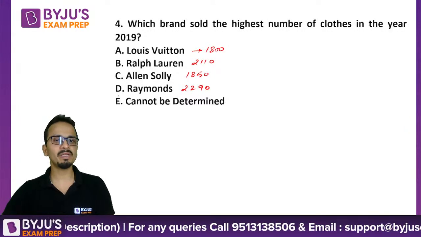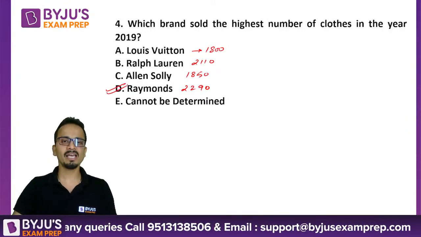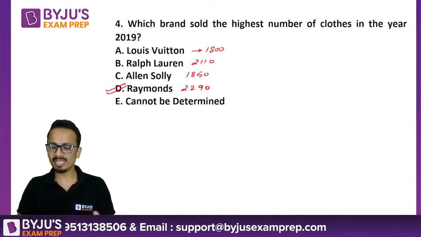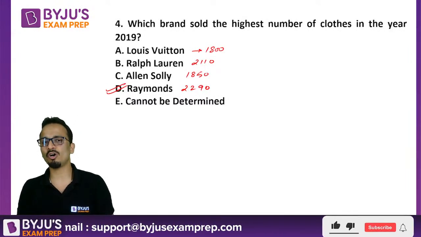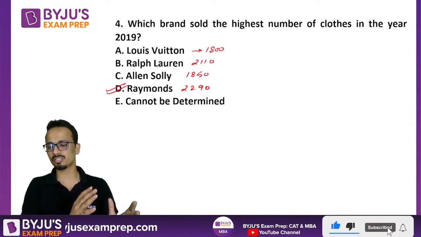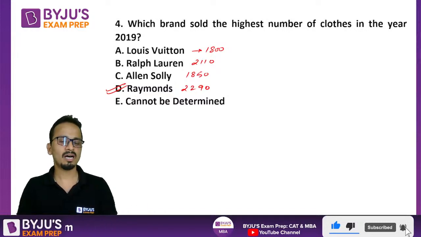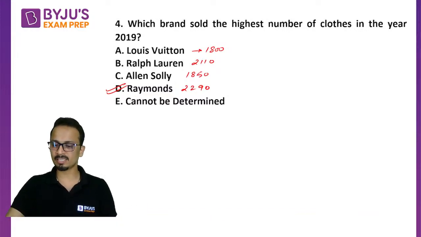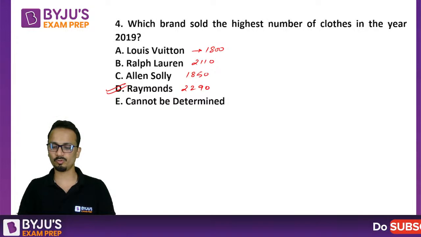So undisputedly, the correct answer is Raymond's. No need for any calculations because we have already performed them earlier. So option D, Raymond's, is the correct answer, correctly given by almost all of you.